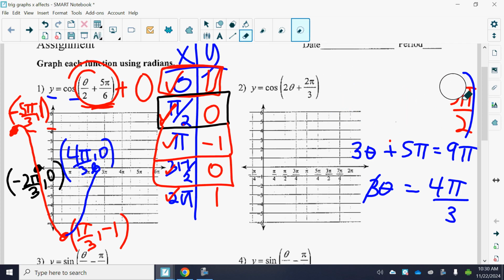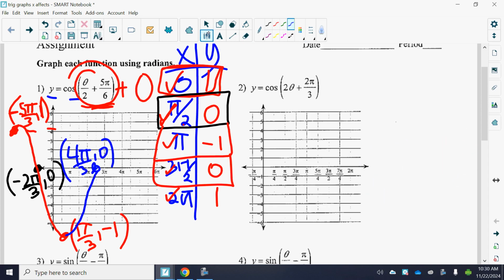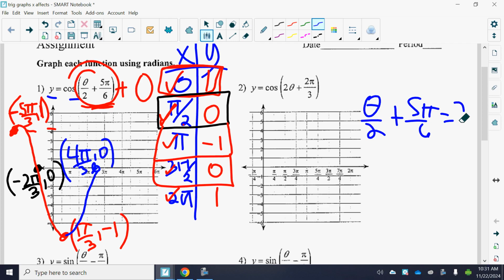How we doing? And now public enemy number last. 2 pi, huh? Because it's the guy that we're getting. So when I solve this equation, I'm getting what's going to give me 2 pi.